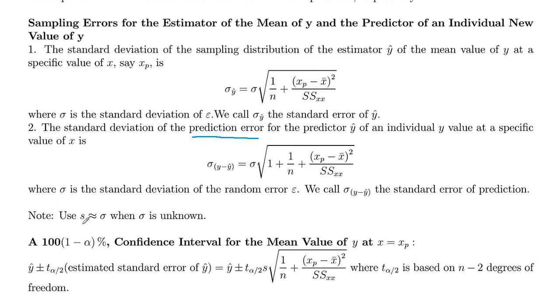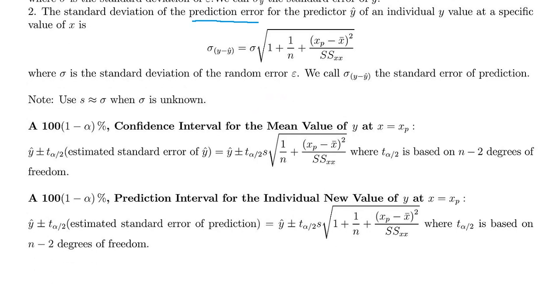Now note that we'll use S to approximate sigma when sigma is unknown. And that was the S that we had computed previously. So then with these two errors, if we wanted to do a 100 times 1 minus alpha % confidence interval for the mean value of y at some specific x equal xp, we would take our point estimate, y hat, plus or minus t alpha over 2 times the estimate for the standard error of y hat.